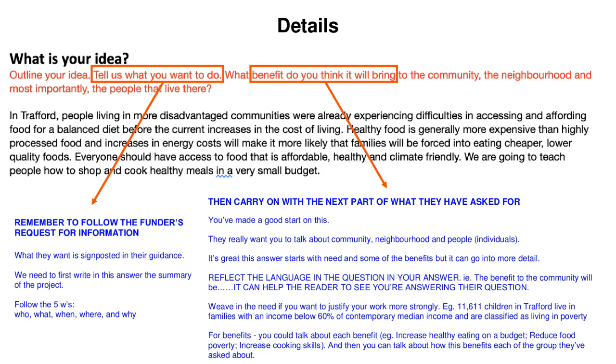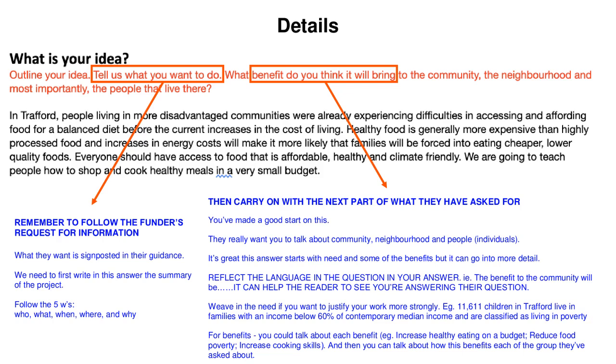If they don't give you the opportunity in another question to talk about need, I would sometimes weave it into one of these answers. So with a quick Google, I found that over 11,000 children in Trafford live in families with an income below 60% of median income, so are classified as living in poverty. You can quite quickly find information that demonstrates the need of your project.